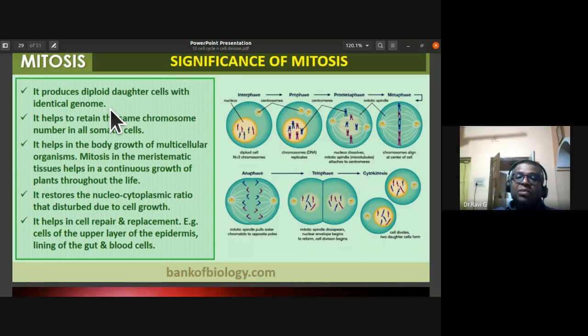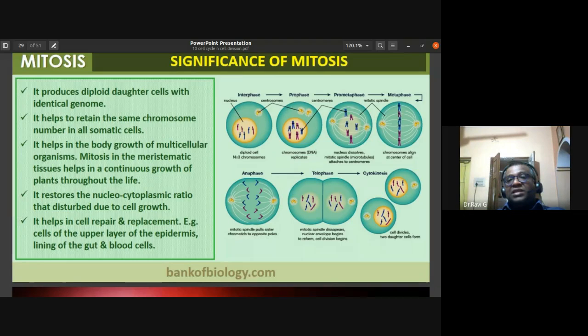So you should remember that. The genome of the daughter cells is not going to be different from that of the parent cells, and they are identical because DNA replication also produces identical copies. The semi-conservative mode of replication I told you about, we will discuss in the next academic year.